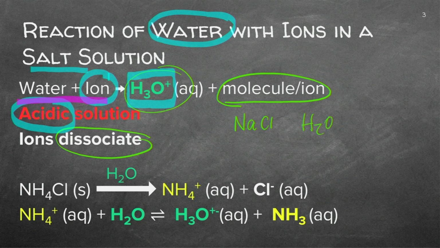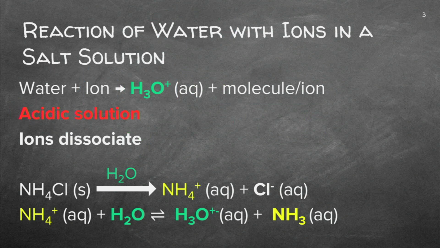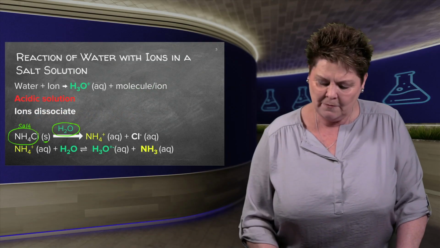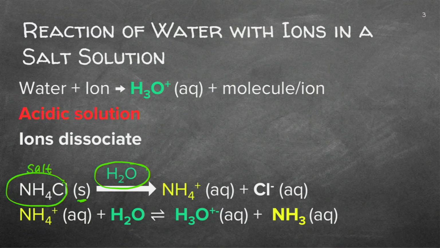If it's a salt like I've got on the screen here now, I've got ammonium chloride, it's a solid, it is a salt. I've put in lots of water. I don't just have one H2O. You know that this water will act as an acid. It will provide the proton.